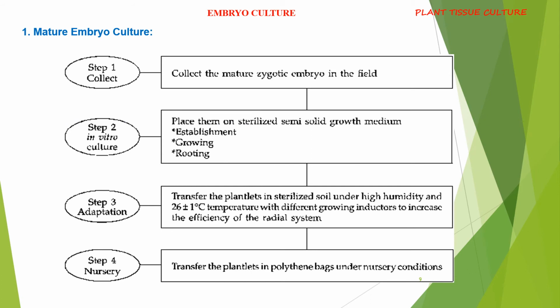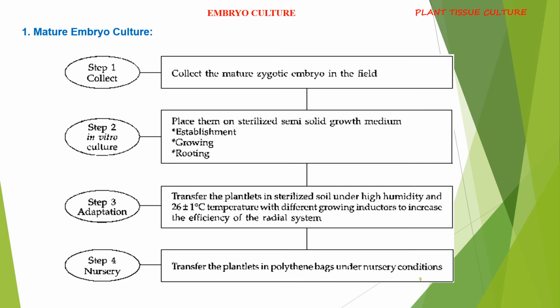Steps involved in mature embryo culture. In this method, the flowers are excised from the healthy donor plant. Care should be taken that the flowers have fertilized ovules.